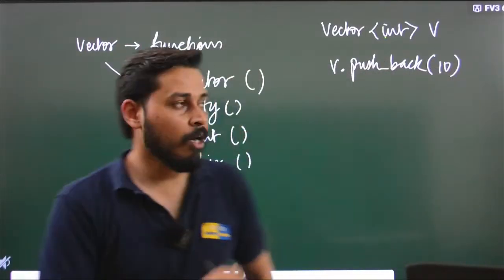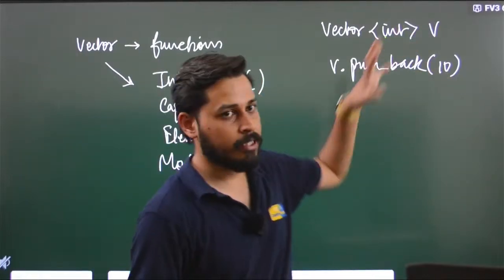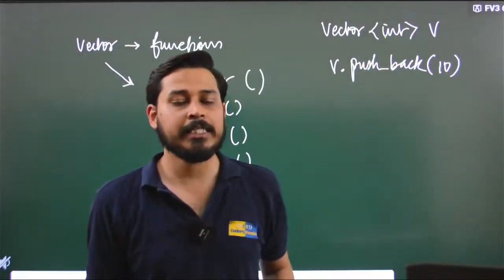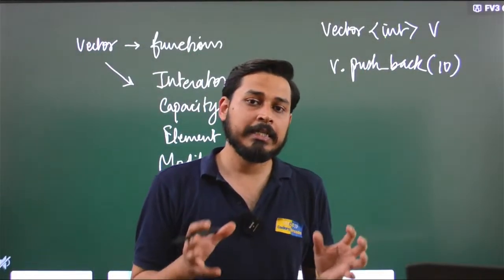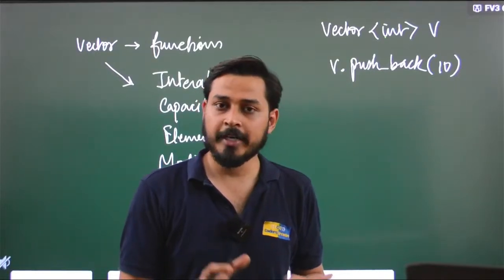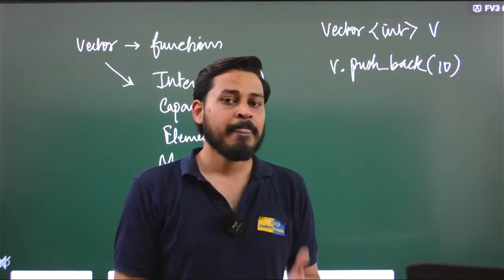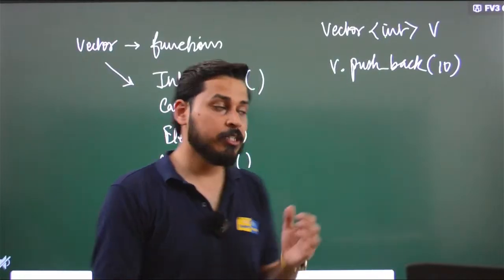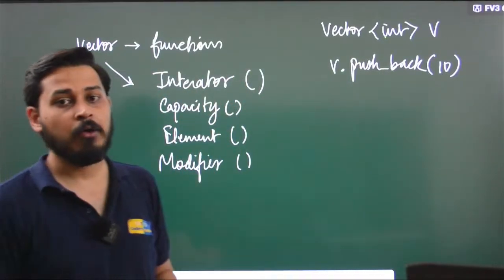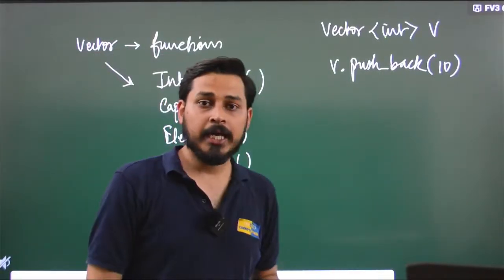What will happen is that this 10 will go into this vector directly at the 0th index. In vectors also, the indexes start from 0. Vector also follows 0 based indexing like a normal array. The only difference is that it gives you more features, which we are going to talk about now, and also it has a dynamic size.